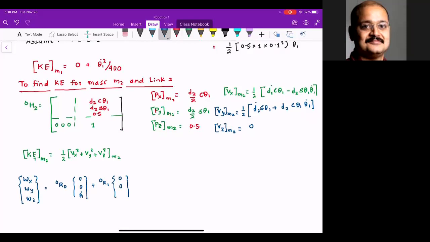No, got you. There is no d because d is the translational velocity. This is just for the angular velocity, right? So this will become 0, 0, and a big 0.